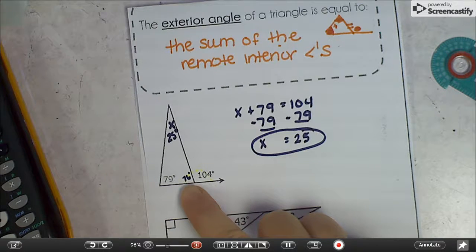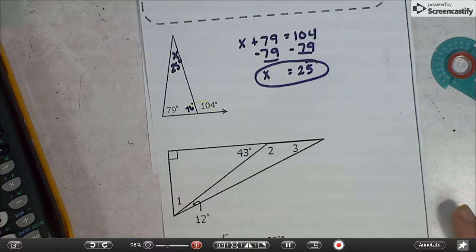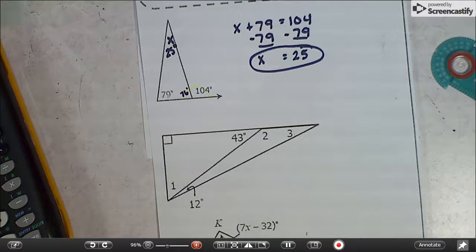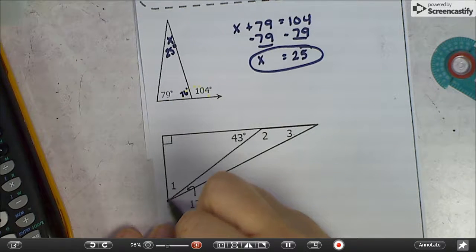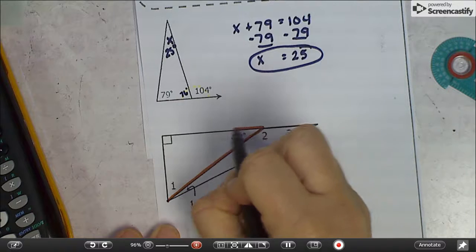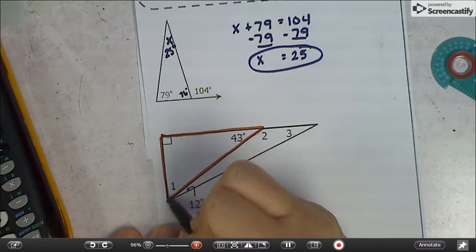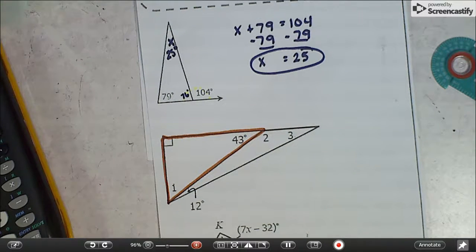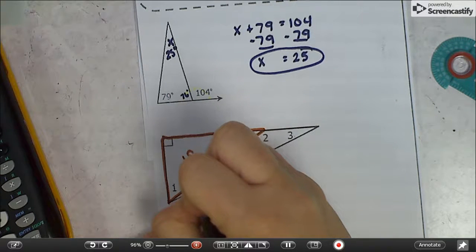All right, let's look at the next one. This one's kind of crazy. All right, it says to find the measure of all of these angles. Looking at angle 1, since it's over here, I'm just going to focus on this triangle, this brown triangle right here. How many degrees are in a triangle? 180 total.